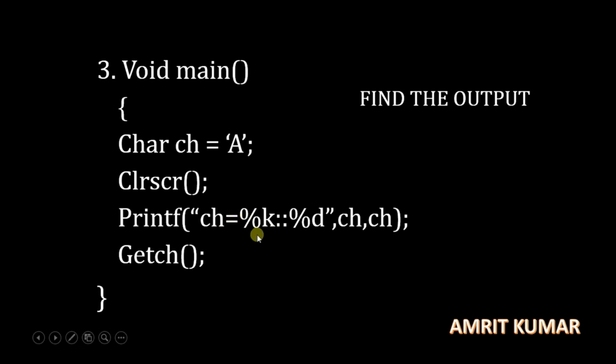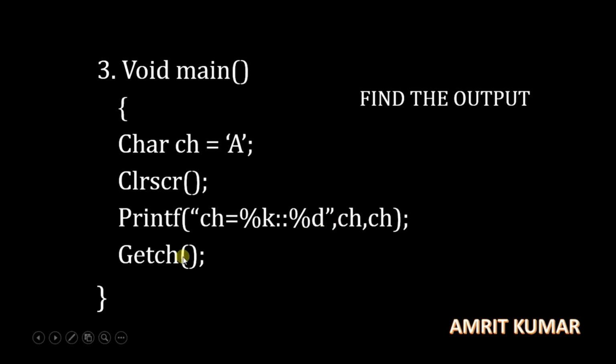Now, what is percentage c, and what is percentage d? If you want to print a character in C language, then you have to use percentage c, which is a format specifier. Percentage d is used for printing any integer.